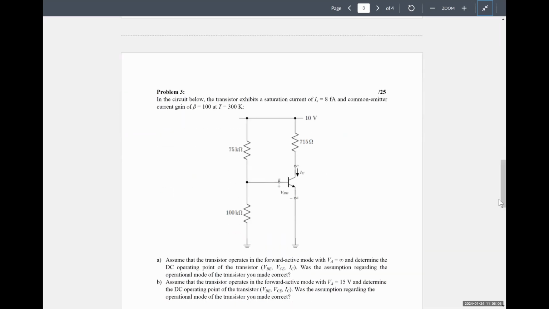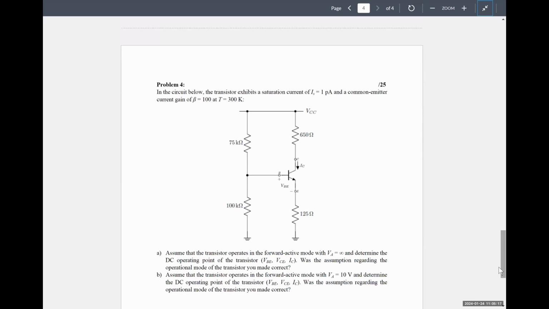Problem 3 is you have the resistive divider biasing network, same basic thing. Figure out what's going on without early effect, with early effect. Problem 4, we have the full resistor bias network. Same thing, figure out what the operating point is with early effect not included and early effect included.